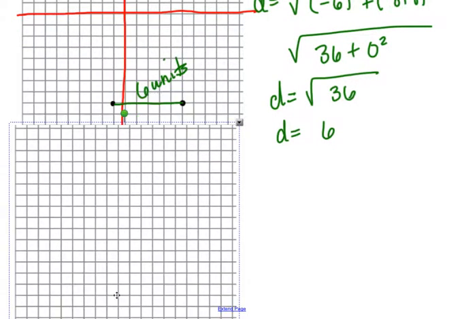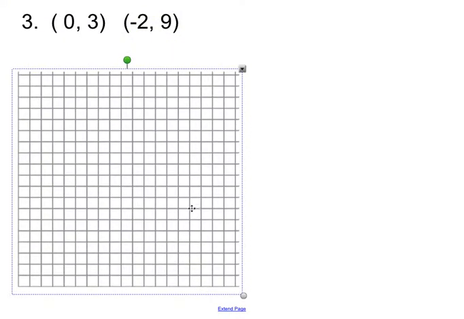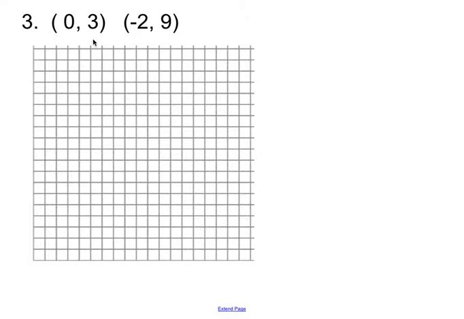And the last one for the distance formula, we're going to do 0, 3 and negative 2, 9. So go ahead and sketch those again.